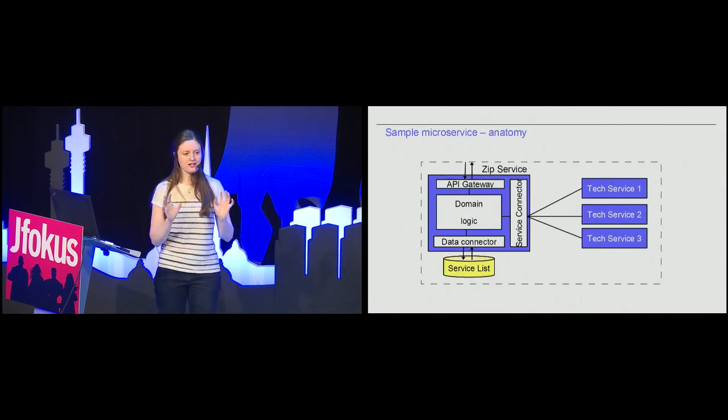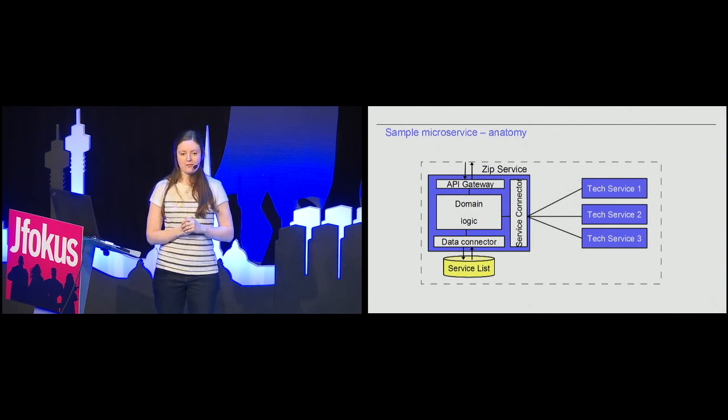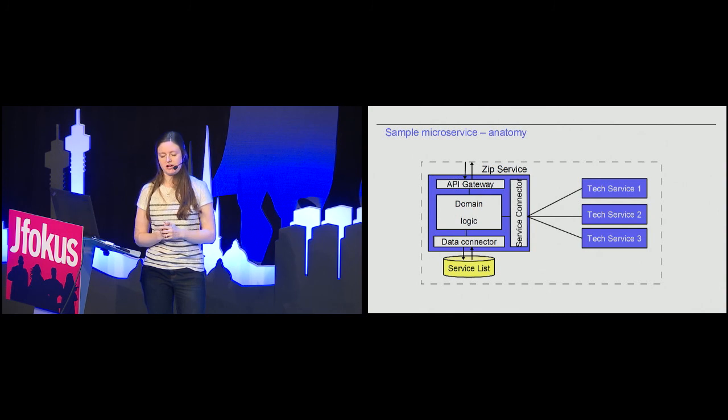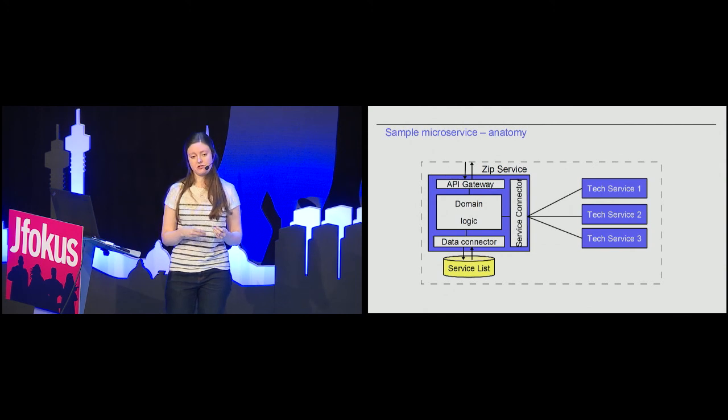So this is a deeper dive into how our anatomy looks. It is perhaps a bit simplified, but at the top, we've got where the user accesses the service through an API gateway. So that would be where the front end lives. We've got some domain logic, which is what's actually building up our zip file. A data connector, which calls out to a database.